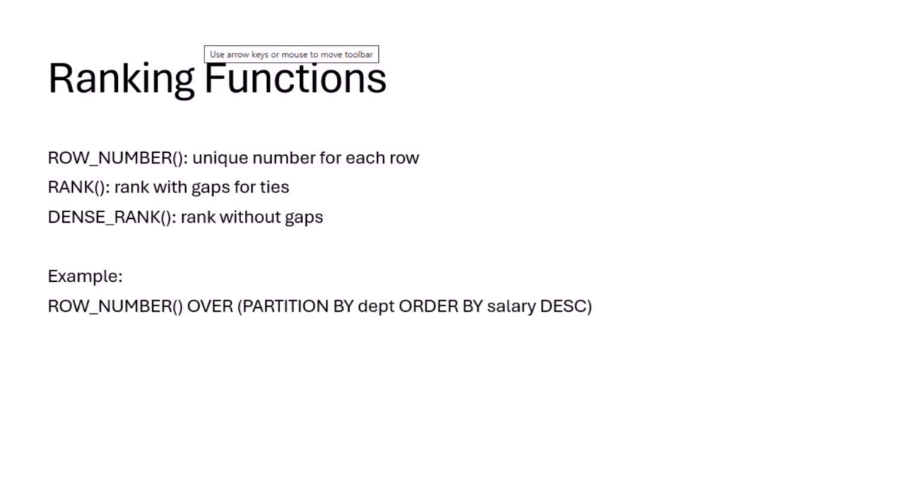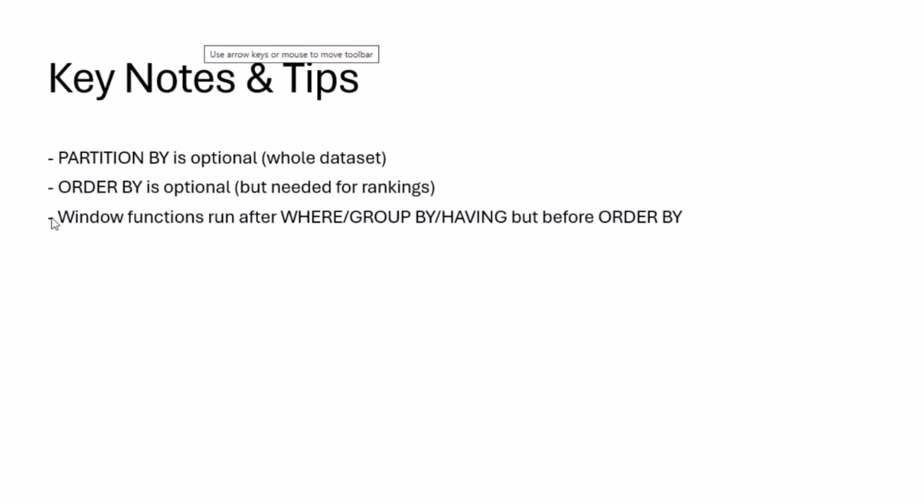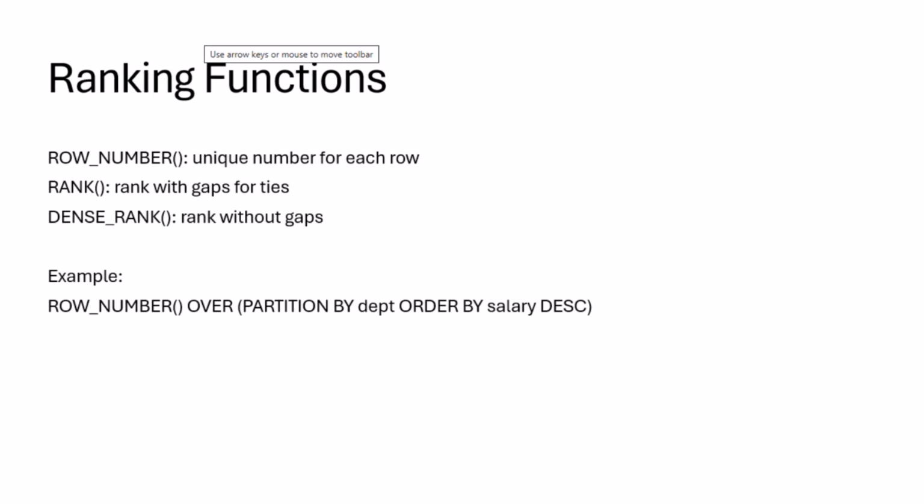Great. So if the fourth person is given third position, that is DENSE_RANK. That means we have used DENSE_RANK, because that is rank without gaps. It's going to assign those two that tie the same position, then the next person will be assigned the next number, which is third.